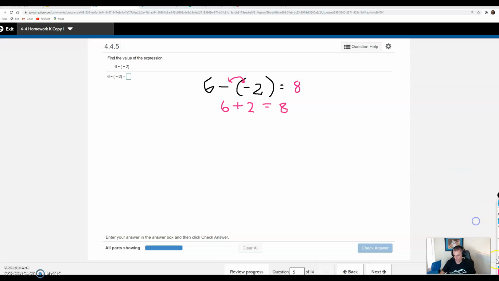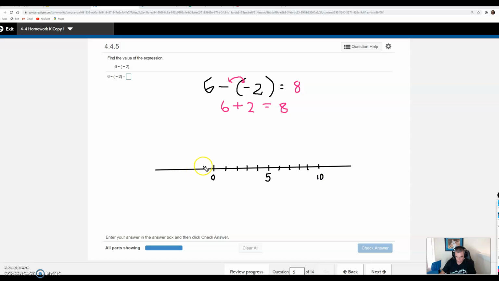If you do want to use a number line for this, I'll go ahead and make one. I'm going to put 0 over here, and then 1, 2, 3, 4, 5, 6, 7, 8, 9, 10.